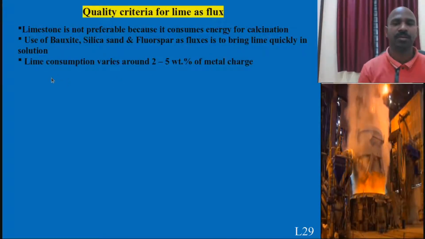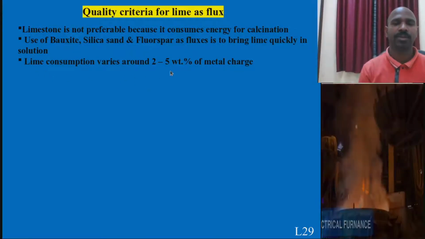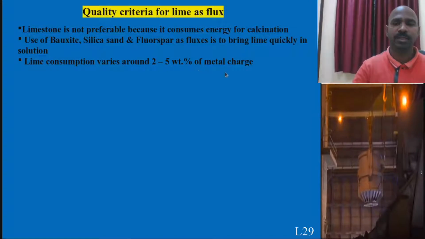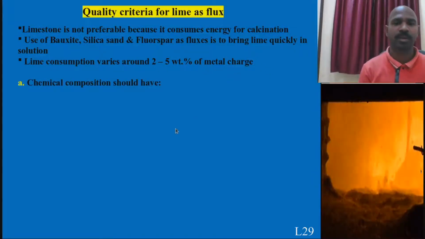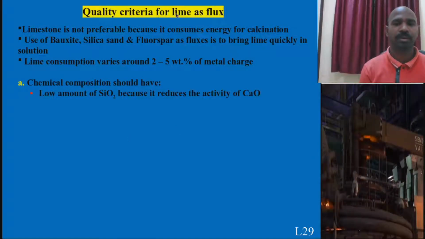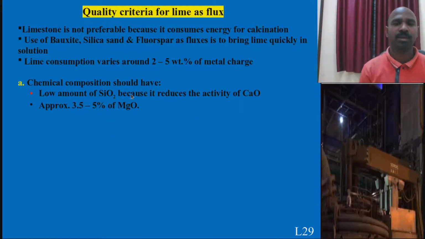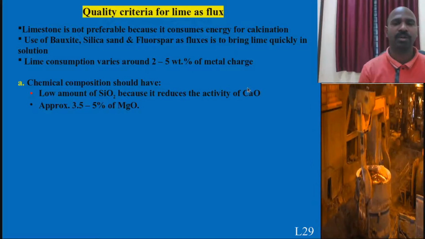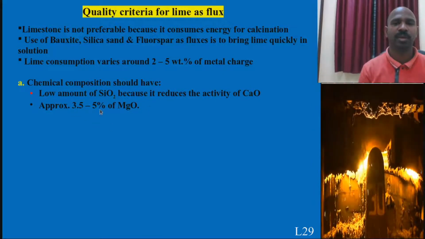Another point is that lime consumption in steel making may vary from 2 to 5-8% of the total charging raw material. The chemical composition followed: for the steel making process it should have low silica, so that it reduces the CaO, or a combination with MgO of 3.5 to 5%.